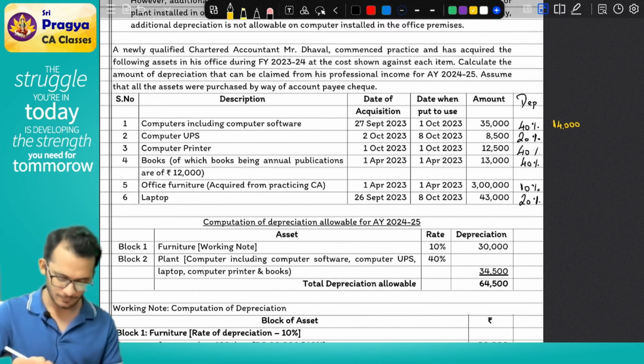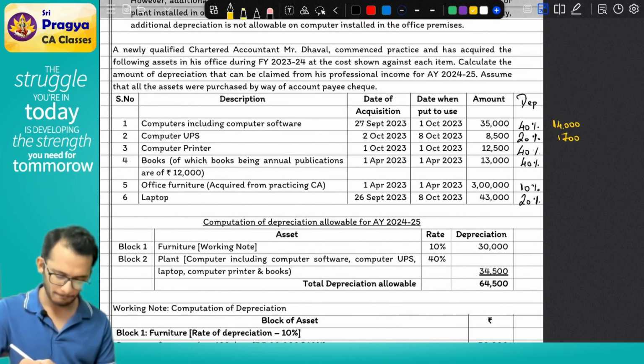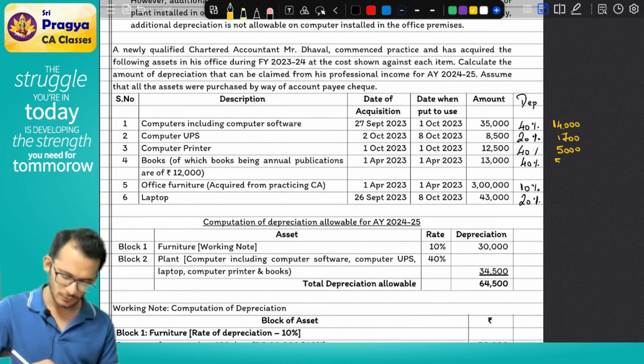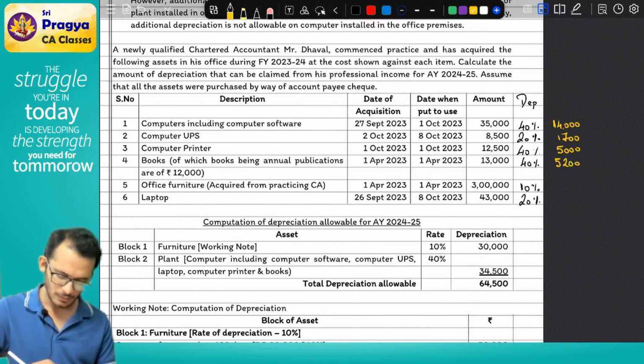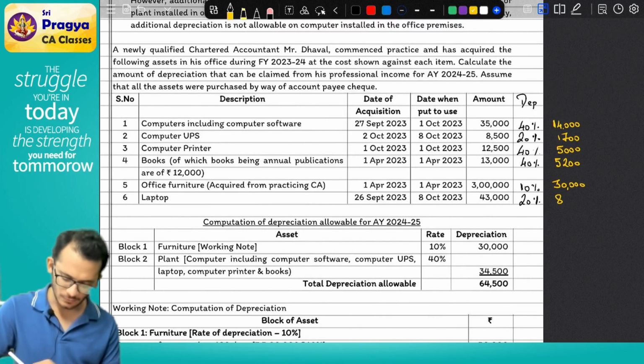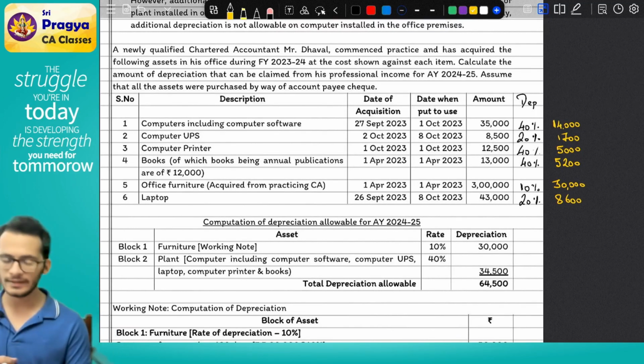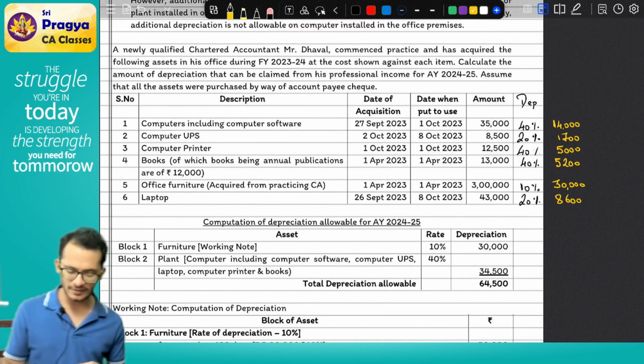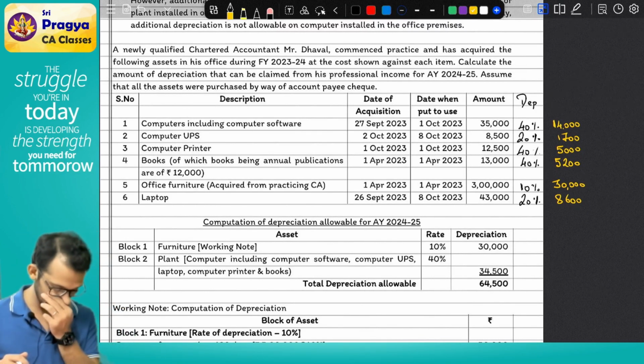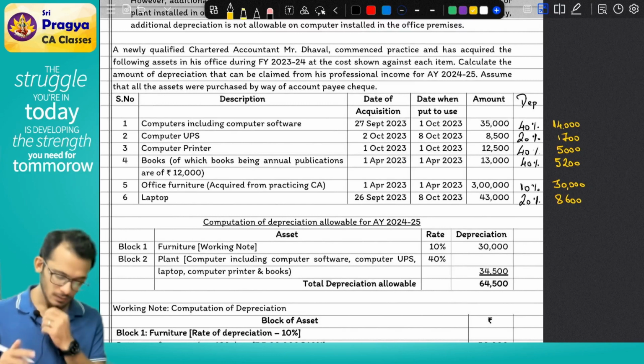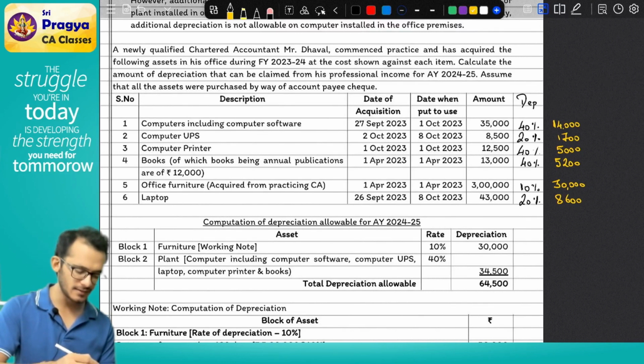Second one is 815 to 2 will give you 1,700. 5,000. 5,200. 30,000. 8,600. Yes. Tell me which one of them are part of a single block and which ones are different blocks. Which ones should I club together in a single block?